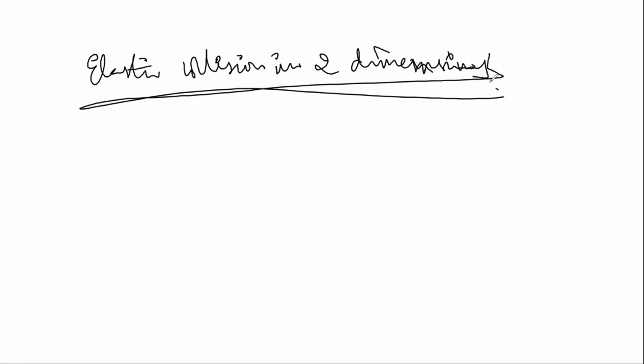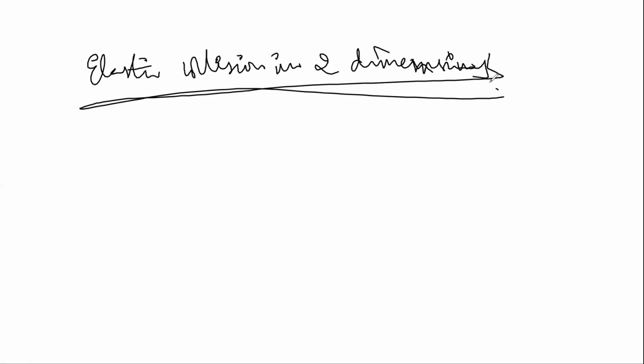So what is elastic collision in 2 dimensions? Let us see. You know, we have the center of mass reference frame. I already told you, we have to consider that frame now. Now let me talk about the center of mass frame of reference.